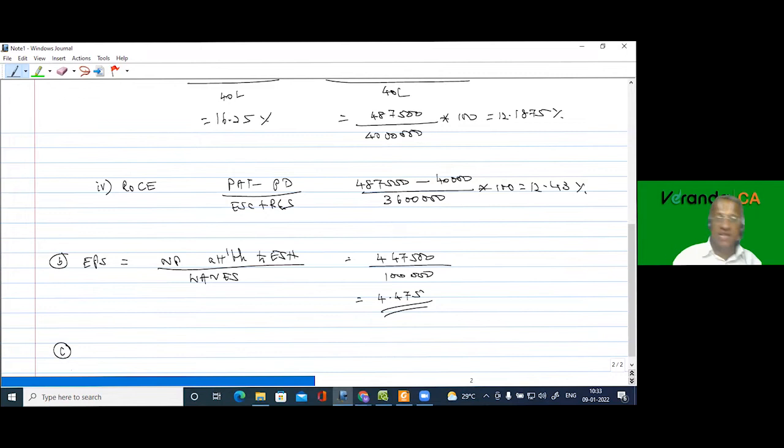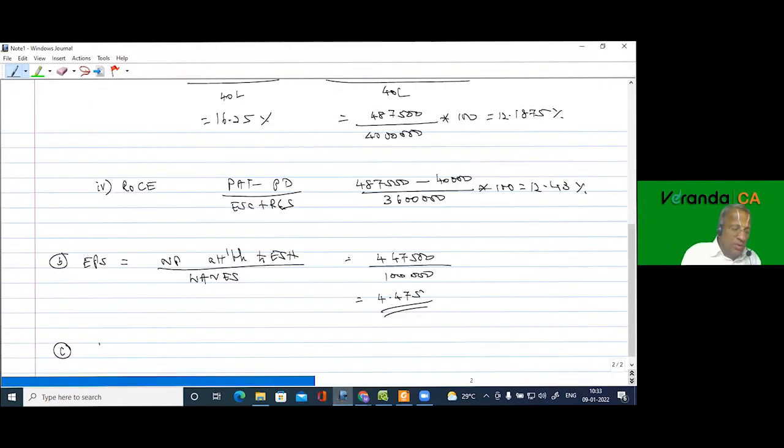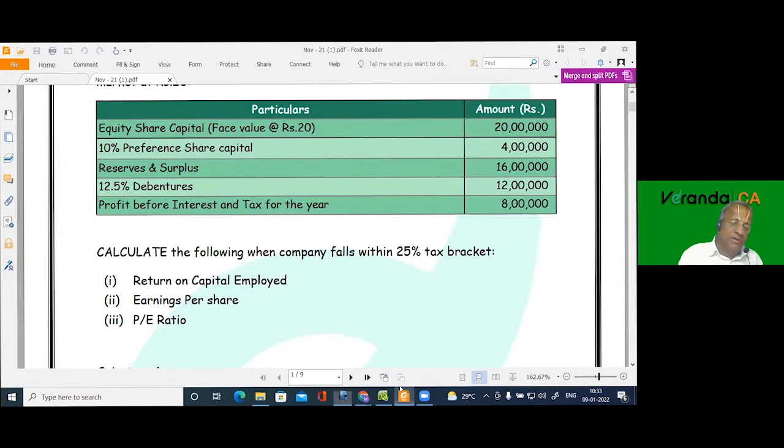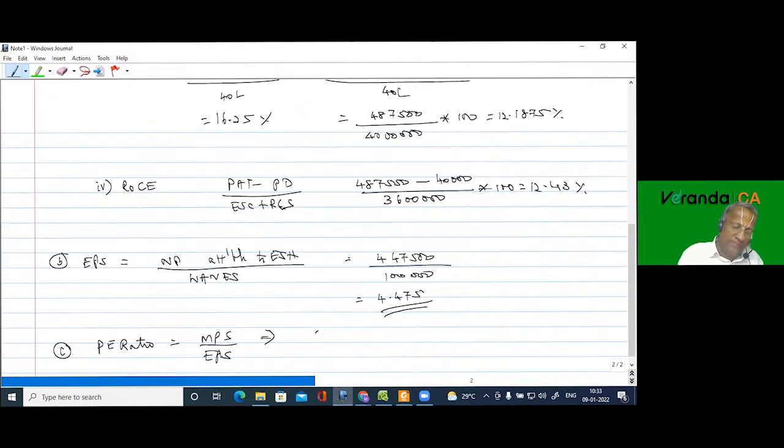Item C. What is that? PE ratio. PE ratio is price earning ratio, which is equal to market price per share divided by earnings per share. No two formulas that you have. Market price per share is given in the problem. Yes, 28 rupees. 28 divided by 4.475.